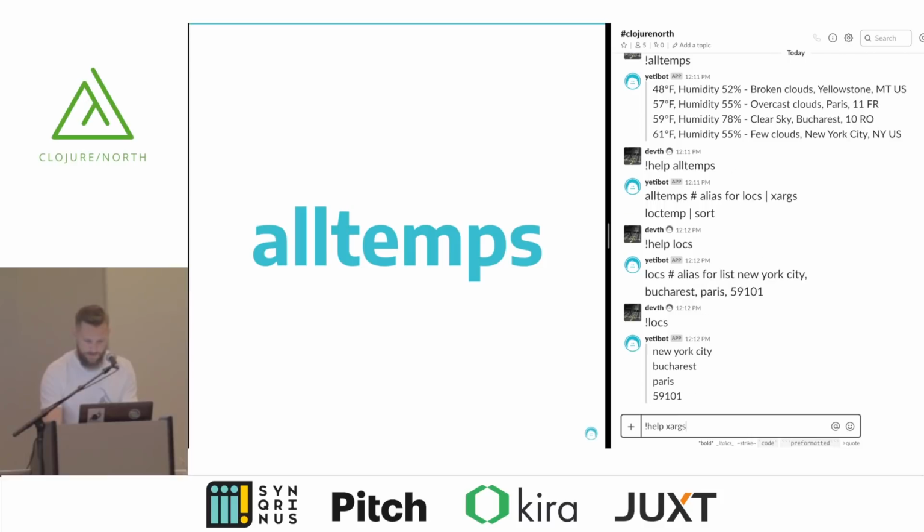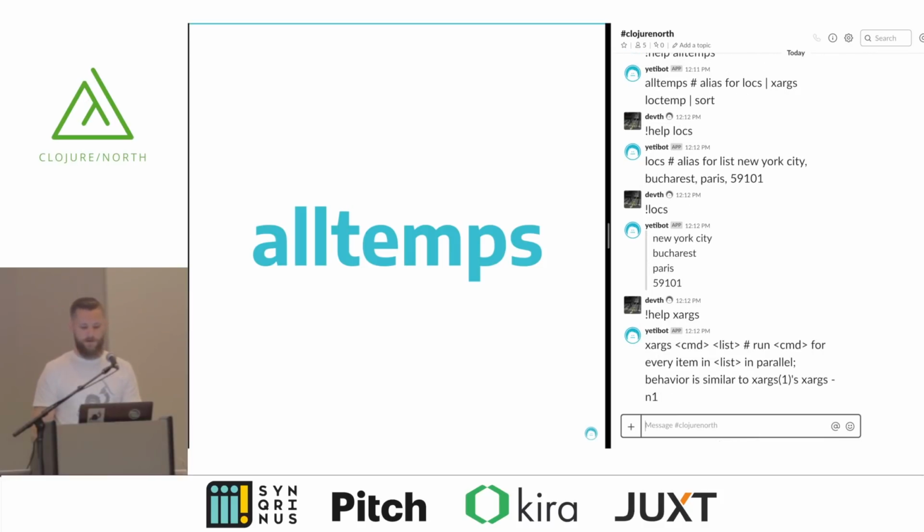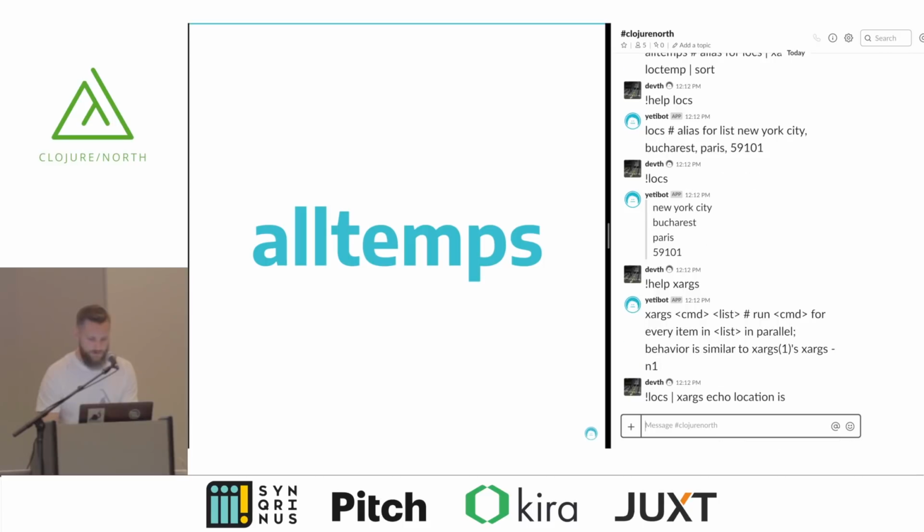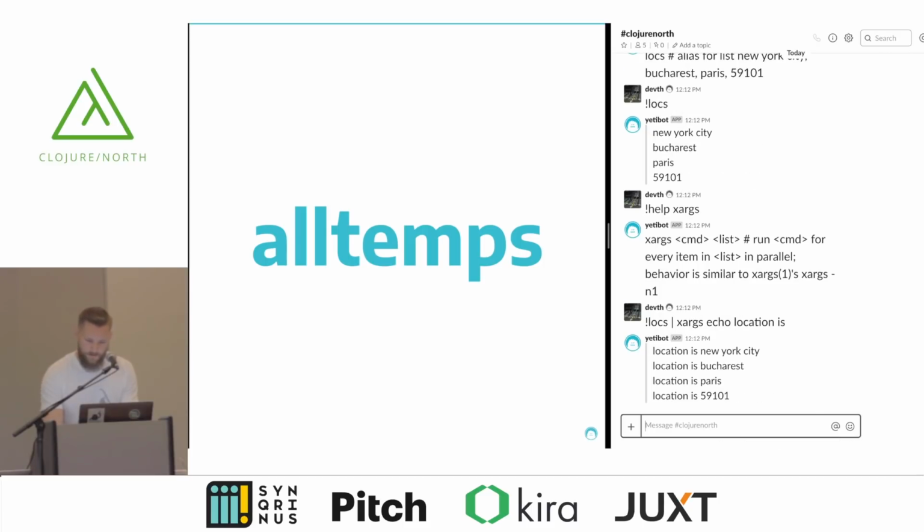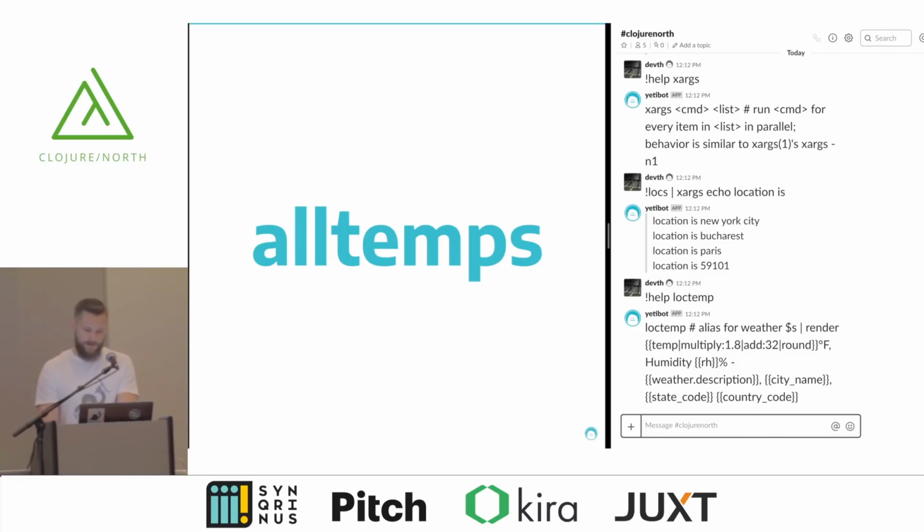Next, xargs. As you'd expect, that's a way to run a command for every item in a list. To demo that, we could pass locs over to xargs and prepend it with a string. The next part of the alias is loctemp, and this one's a little more complicated. We're grabbing the weather for the positional argument that you pass it.